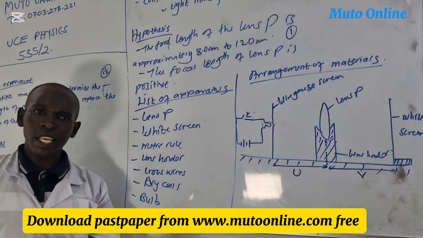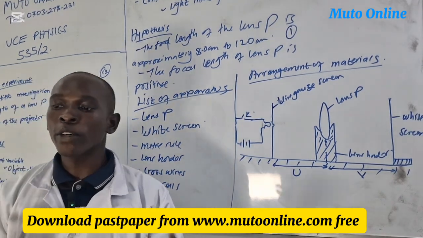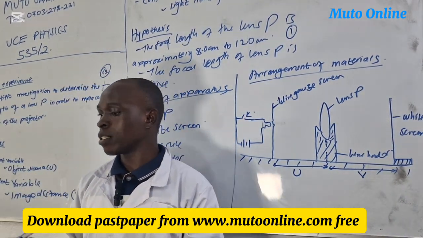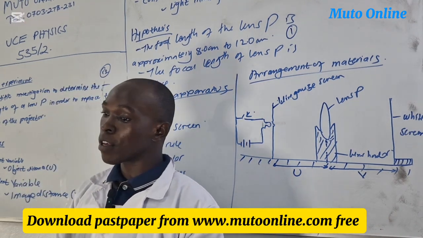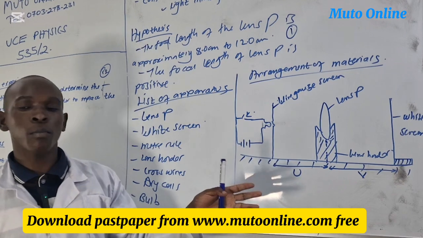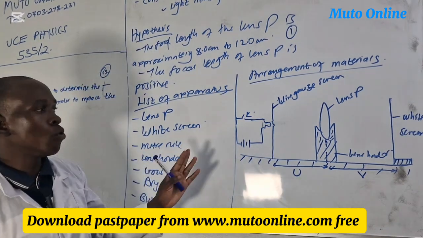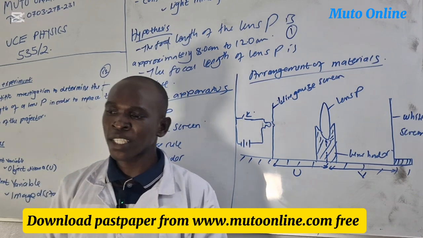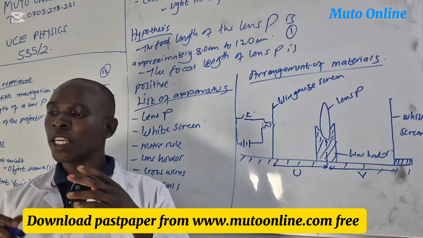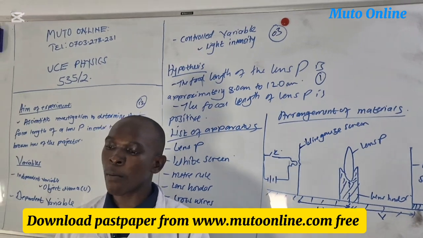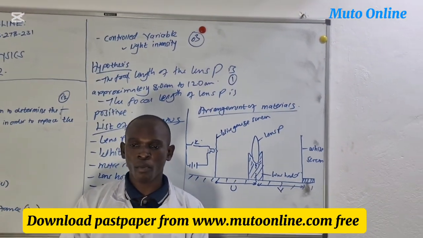Now after arranging them, you now need to tell them what to do. In this case, you can call them procedures. Remember, you are reporting, you are giving a laboratory report. So we need now to tell them what to do. How did you come up with this? Since they have told you to go in the laboratory and make a scientific investigation, so you're going to come and report this.